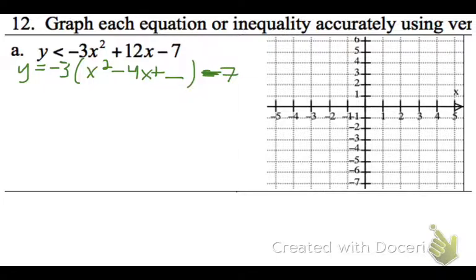Better. And we need the value here, so 4 over 2 squared is 4, so we won't actually add 4 to both sides, but we will add negative 12 to both sides.